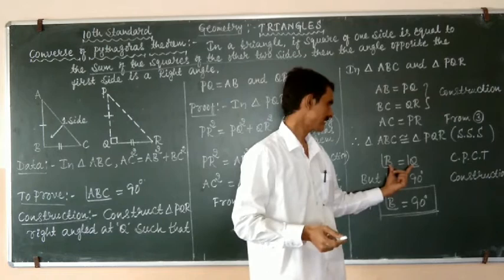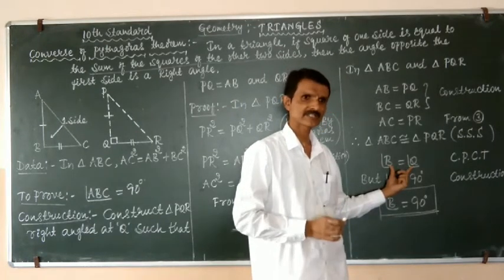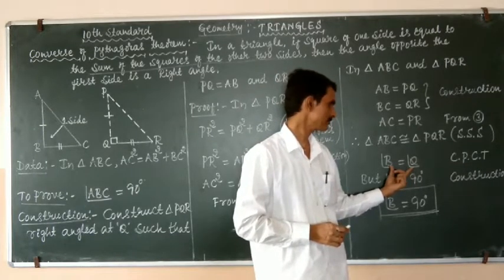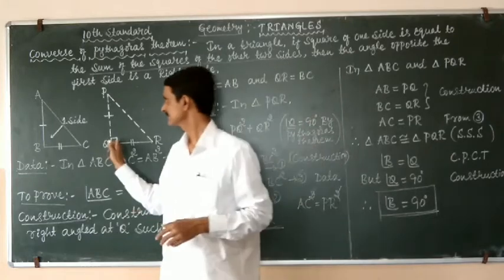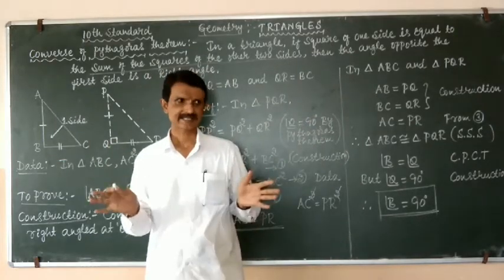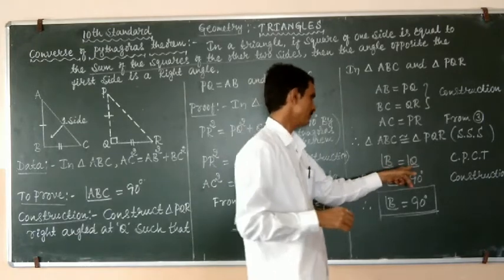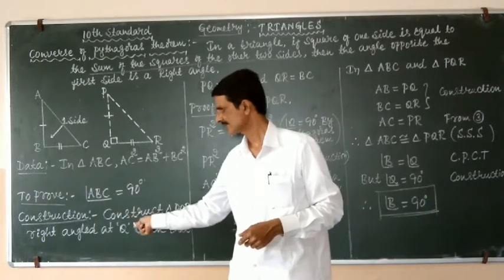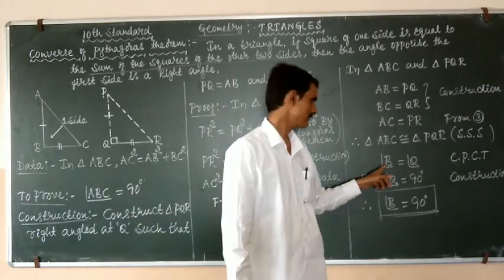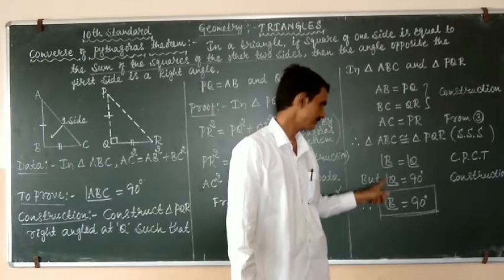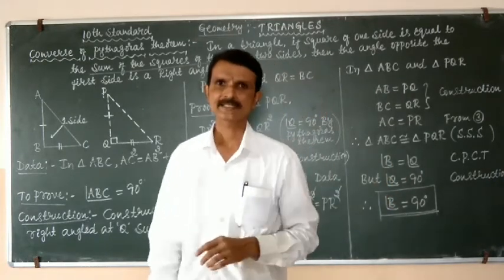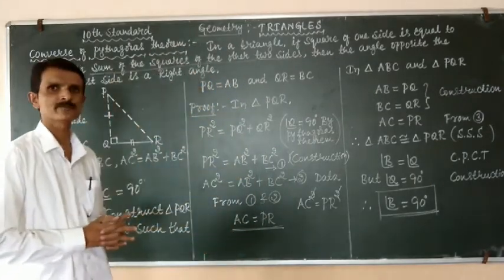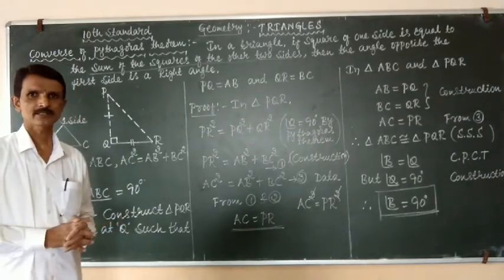We will take just angle B equal to angle Q, because we have to show that this is a right angle. The value of Q is 90 degrees, from the construction. Therefore, if Q is 90 degrees, B is also 90 degrees. Hence the proof. Students, I think you have understood how to do the proof of the converse of the Pythagoras theorem.